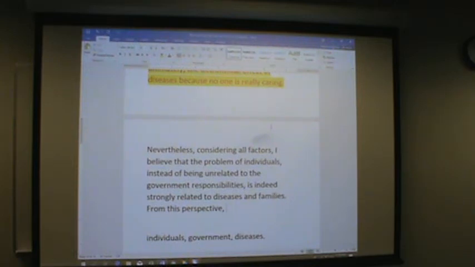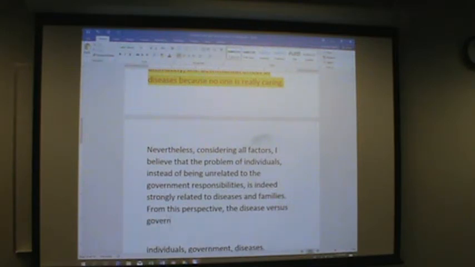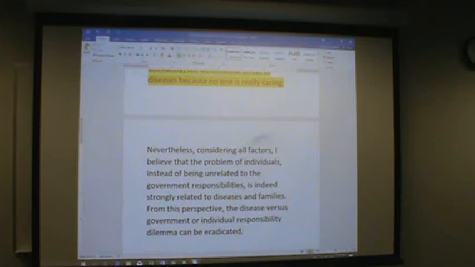From this perspective, I would say the disease versus government or individual responsibility dilemma can be eradicated. That's it.